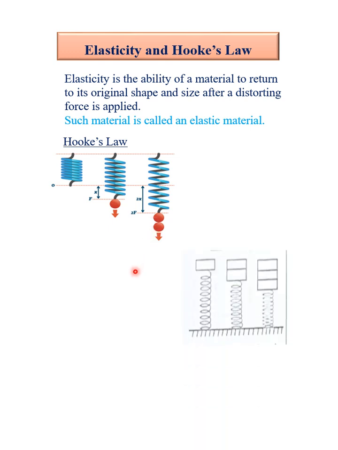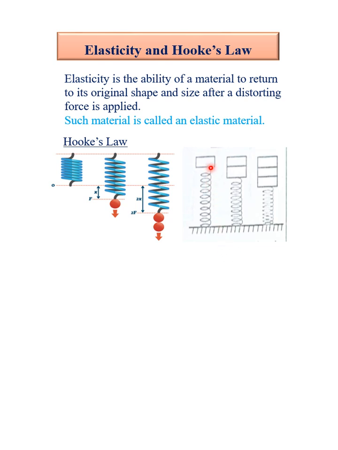Same thing happens for compression. If you put a mass on top of the spring, it compresses it. If you increase the mass, the compression increases. And if you further increase the mass, you have a further compression.